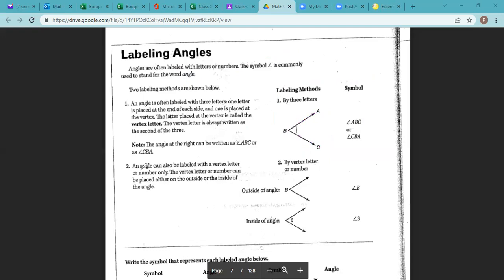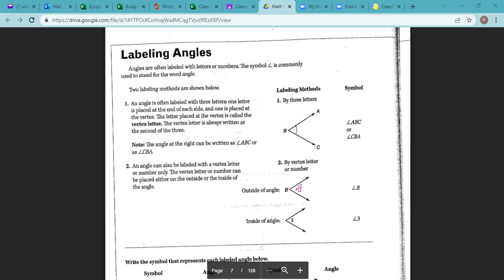Number 2, an angle can also be labeled with a vertex letter or a vertex number only. Remember, where the 2 rays come together is the vertex. You can see the letter B is on the outside, but sometimes you could also have the letter on the inside, so be prepared for either one.